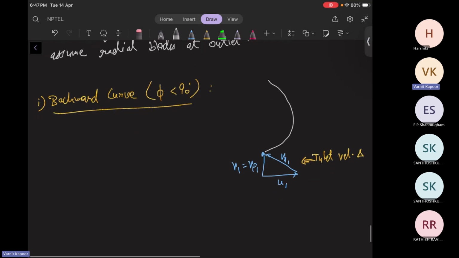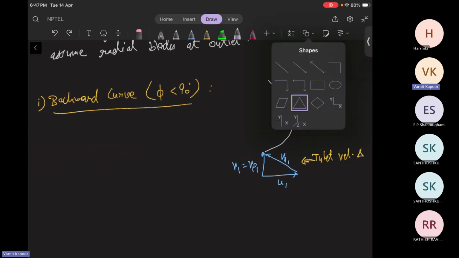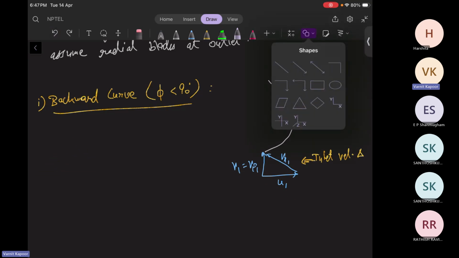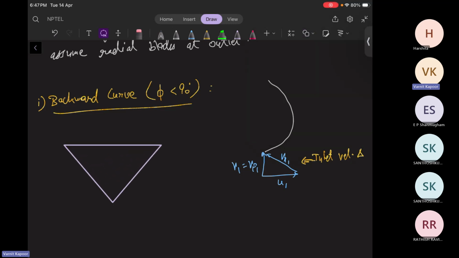How will it look for a backward curve vane? For a backward curve vane, your phi is less than 90. Let me first make a triangle here. Let me use another color. Okay, I'll make it like this. Yeah, this will look fine.